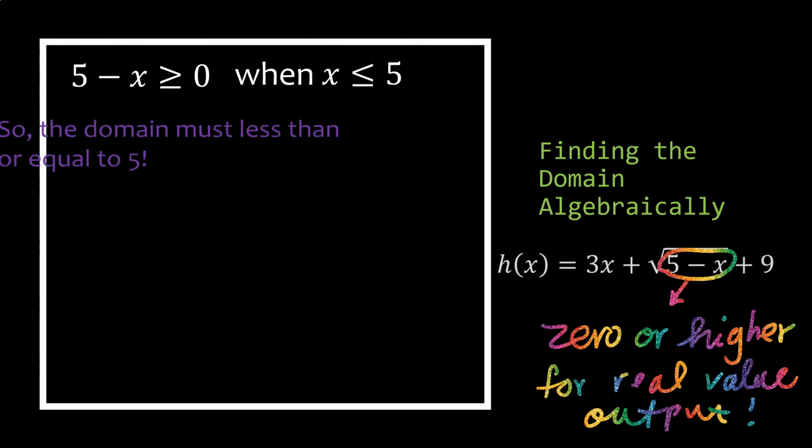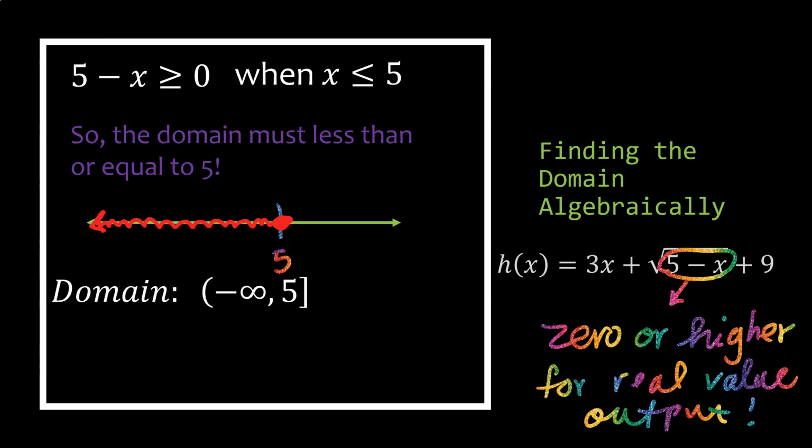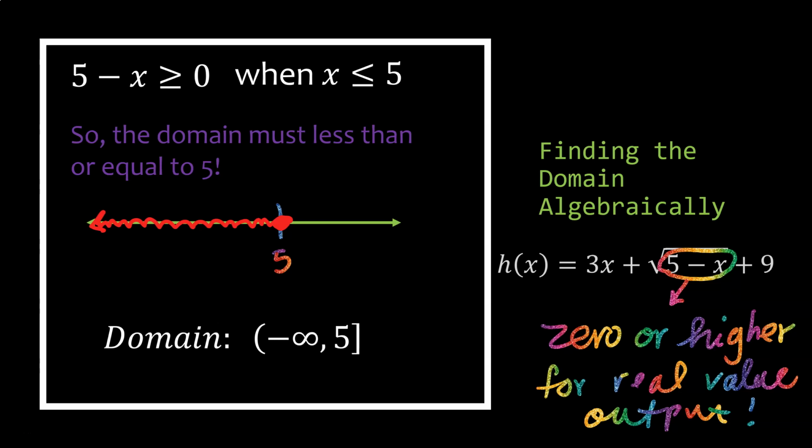On a number graph, it will look like this. 5 is your cutoff point, and you'll take anything equal to 5 or less than. So then the domain would be negative infinity to 5, open on the left, but closed on the right.